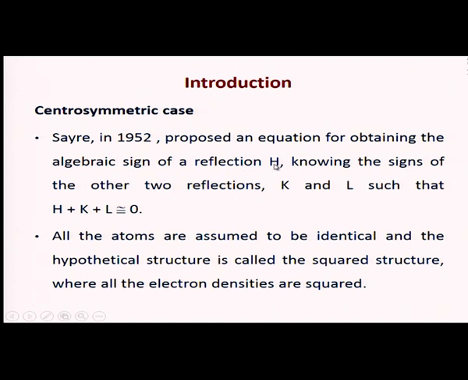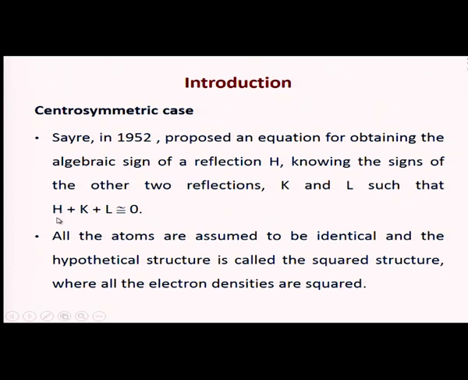h. H means a set of 3 indices h k l, maybe h 1 k 1 l 1, h 2 k 2 l 2, h 3 k 3 l 3, and these h's, k's, l's can be either 0, positive or negative integers. Now, if you know the signs of the other two reflections k and l such that h plus k plus l is 0, I already explained what h plus k plus l equal to 0 means.